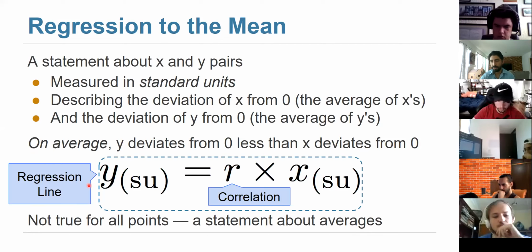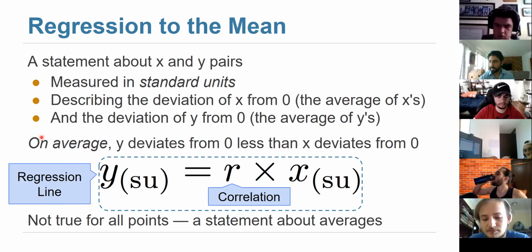This is the equation for the regression line: Y in standard units is equal to R, the correlation, multiplied by X in standard units. Y always deviates less from 0 because R can be, for example, 0.8, or whatever between -1 and 1, so Y is going to deviate less compared to X.